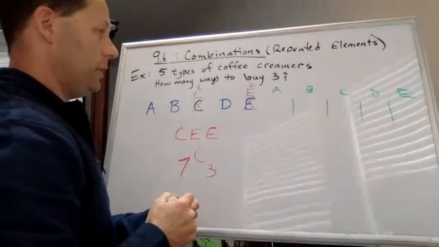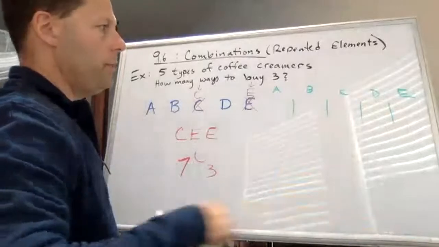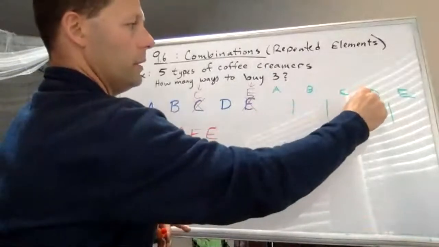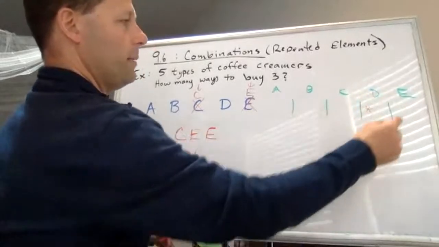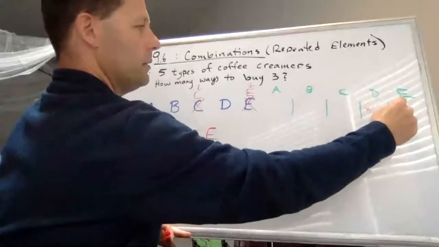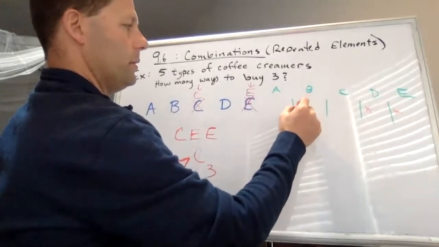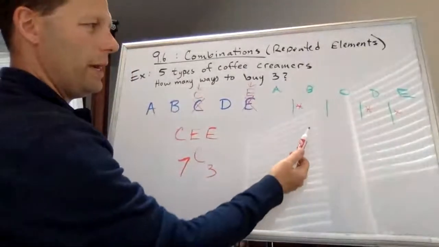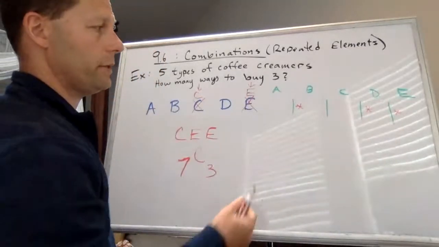And now I'm just going to select 3 coffee creamers. So maybe I select a D. I'll put a star there to represent D, and maybe an E and maybe a B. So what I really have is a code of two different types of characters.